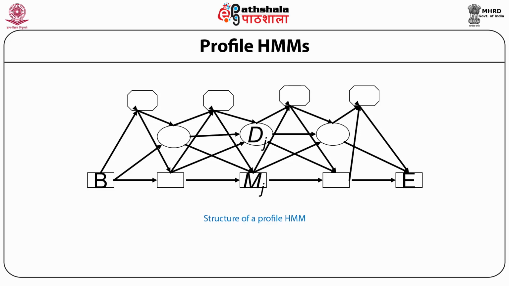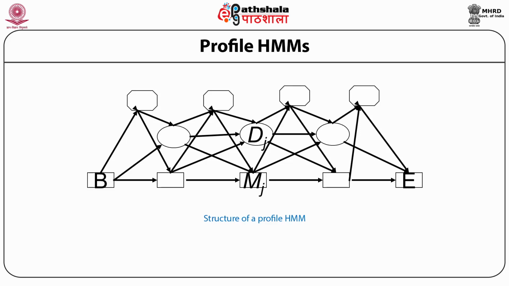So you can move any which way. Now please note that once you move into a delete state, you again come back to the match state and so on and so forth. In this way, any arbitrary sequence which may have gaps, insertions or deletions can now be modeled within our PSSMs. So this sort of hidden Markov model is called a profile HMM, and this is a very powerful tool.